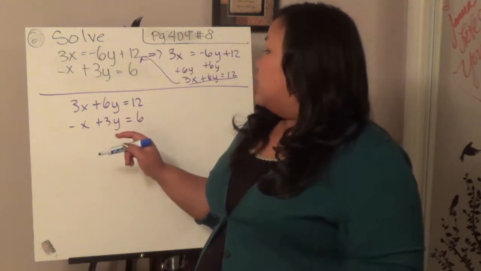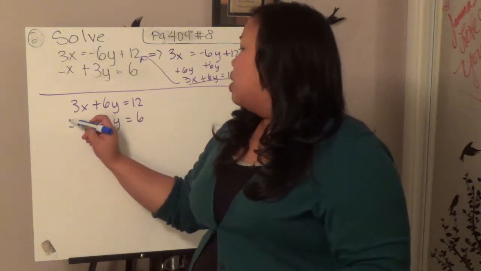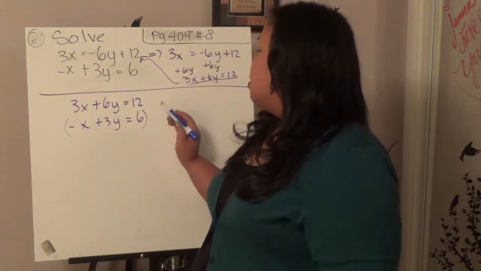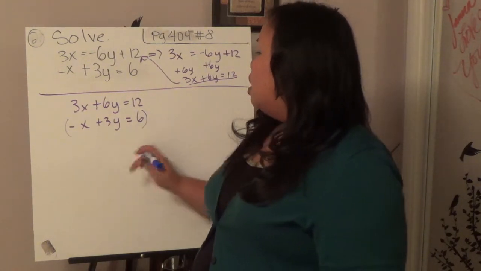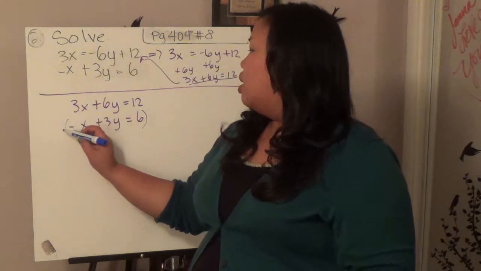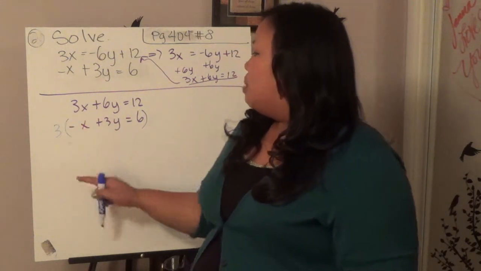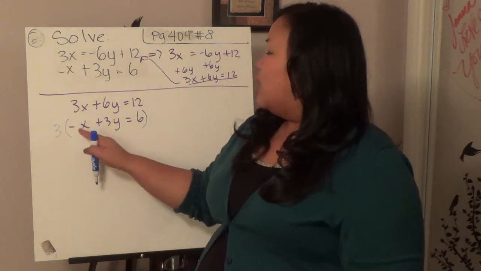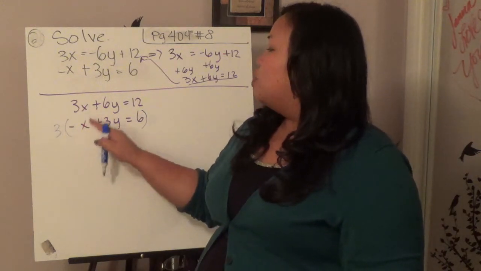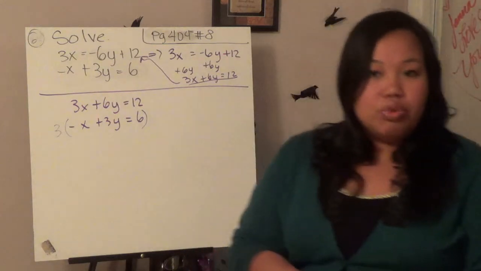For instance, I'm going to multiply this whole thing by 3. Because if I multiply 3 times negative x, that gives me negative 3x, which is the exact opposite of 3x.